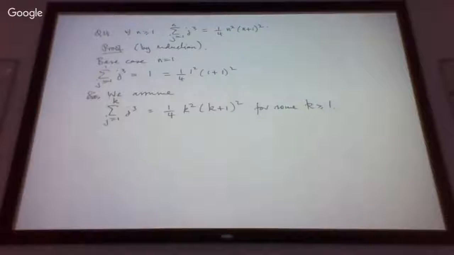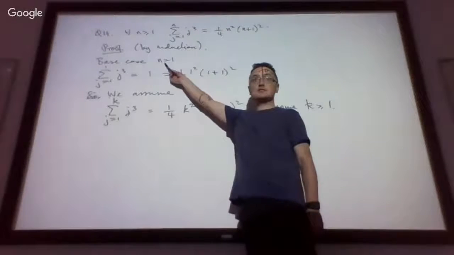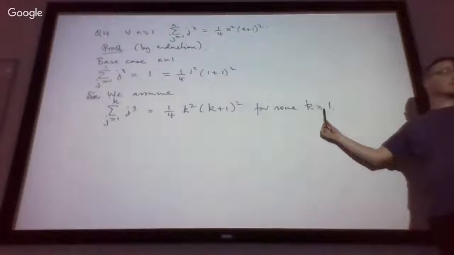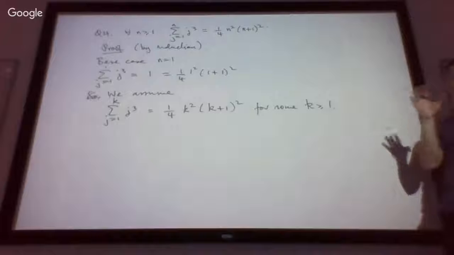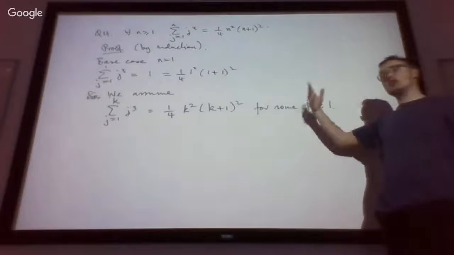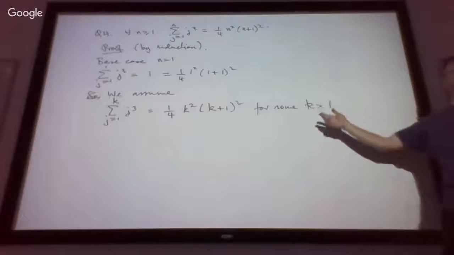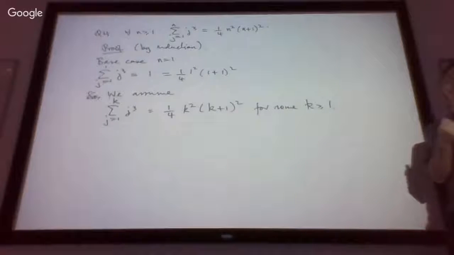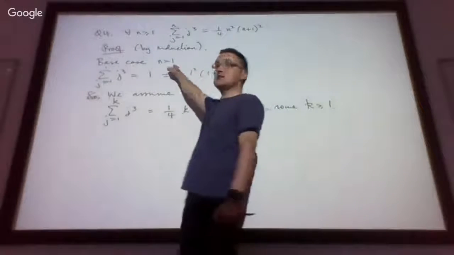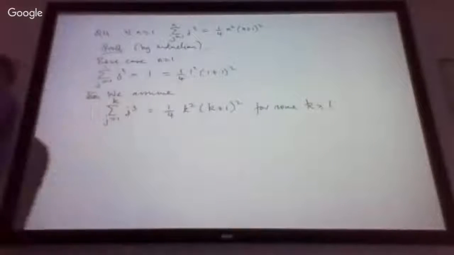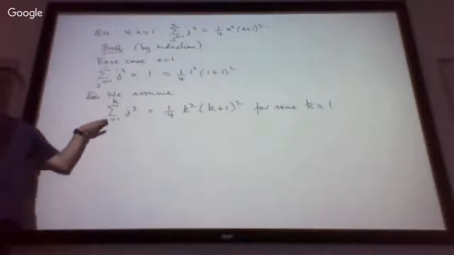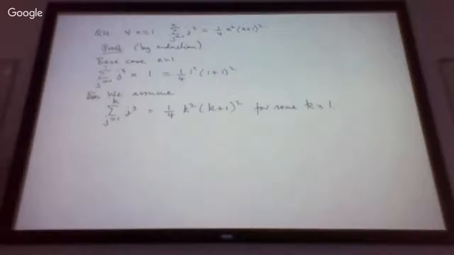But because we have proved the base case, I know that the formula is true for at least k equals 1. So I can weaken my viewpoint slightly and say, I'll assume it's true for some particular number k greater than or equal to 1. That's a valid assumption, because it is definitely true for that value of k. Maybe it's the only one, but it is certainly true for that one. So it's an allowable assumption because we've already observed the base case is true.